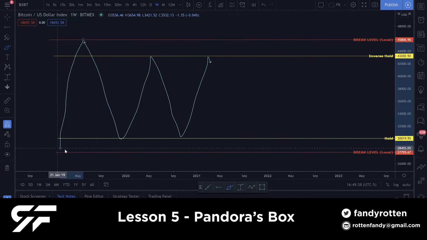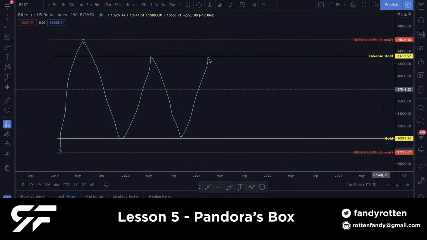So we know that it formed a leg over here and over here, right? And then the move is stuck in between this box, going sideways for however much time. Time frames are not important. Understand the concept, and then you will be able to identify them even on daily, 4 hour, 15-minute, whatever, right?